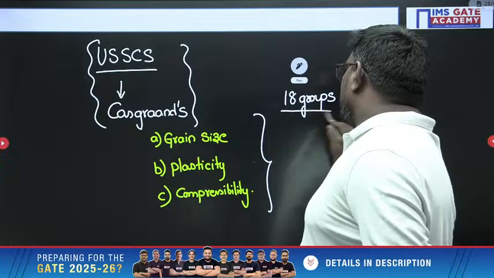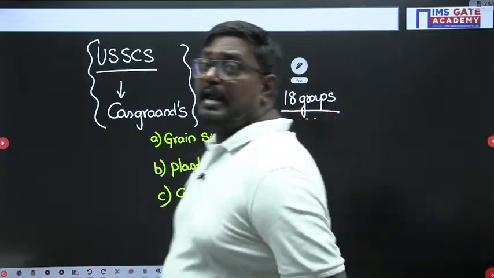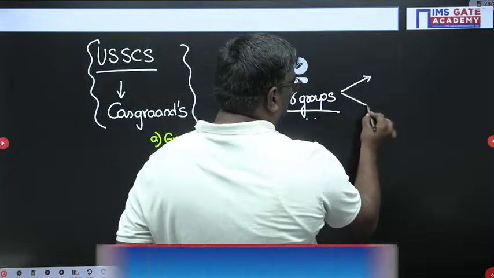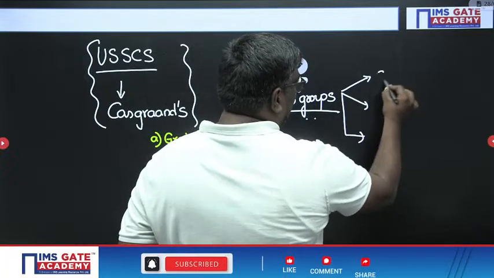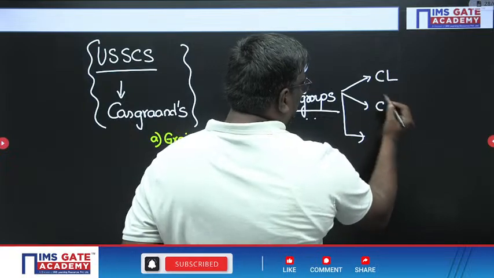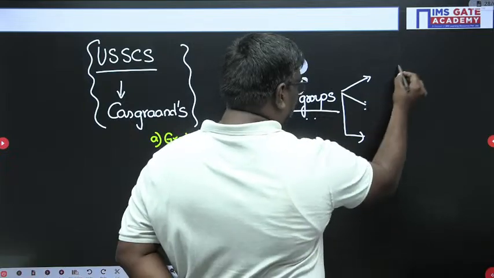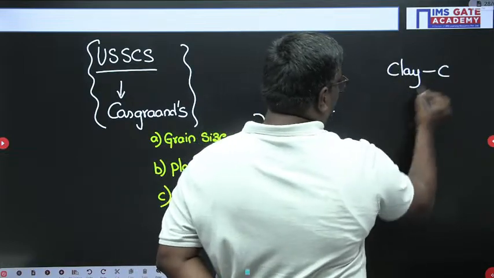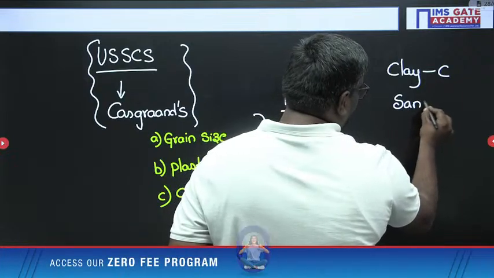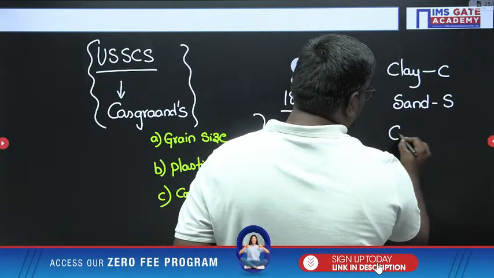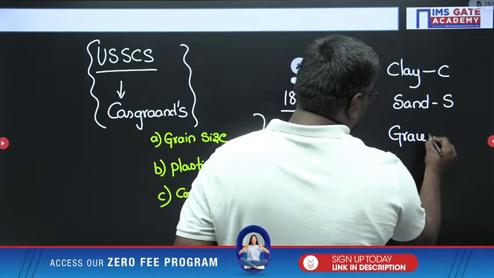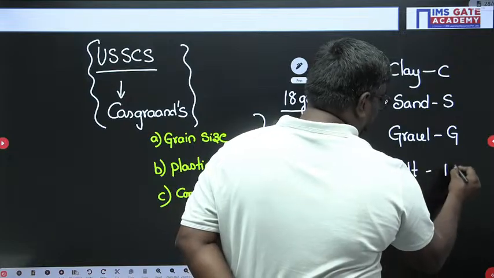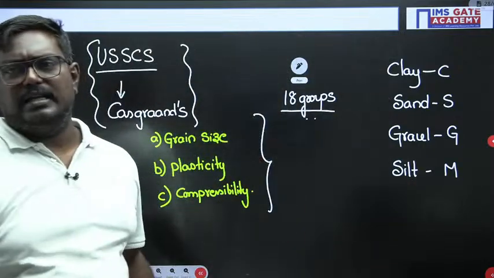In these 18 groups, clay is represented by C, sand is represented by S, gravel is represented by G, and silt is represented by M. Okay, this is how you classify the soil.